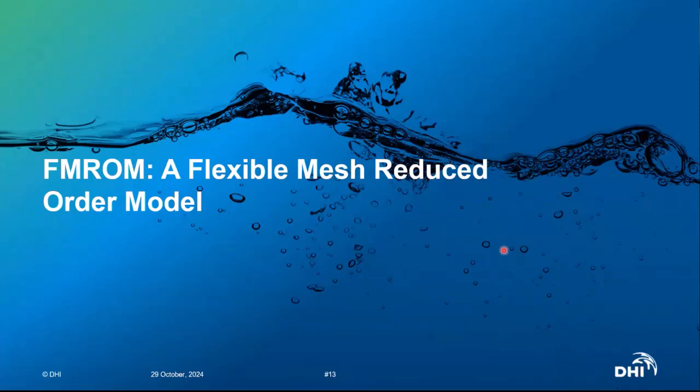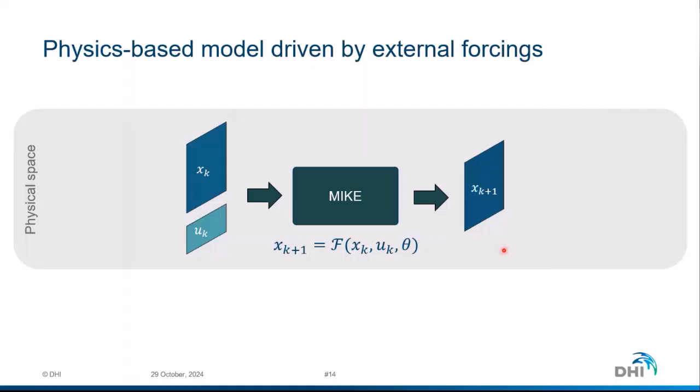We call the framework that we have built the flexible mesh reduced order model. It works in this way. Our starting point, as I mentioned at the beginning, is a physics-based model, a Mike model, which essentially takes the state of one time step plus some external forcing.